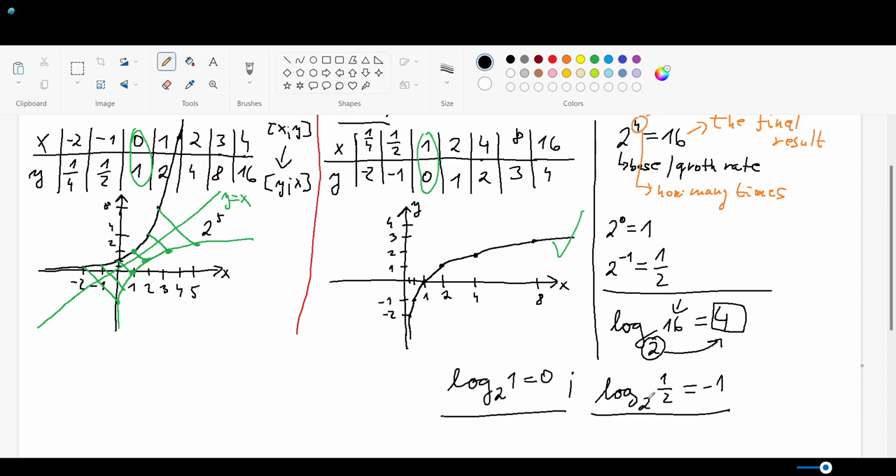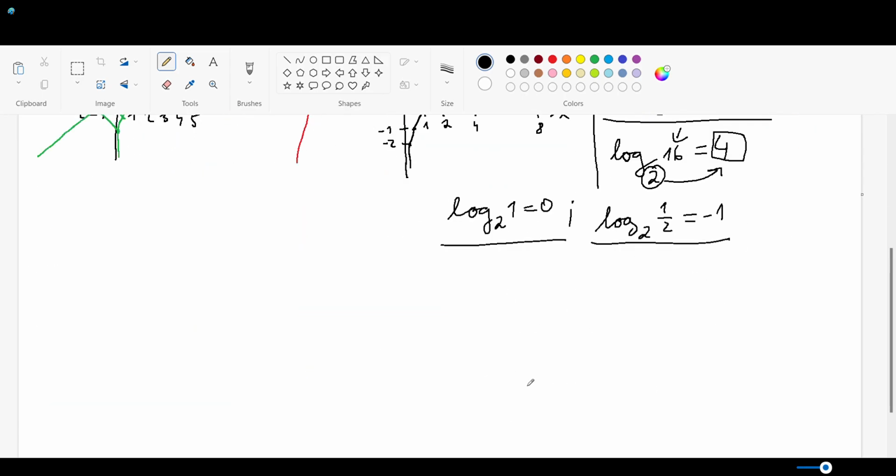I'm pretty sure these are 2 or 3 points of view for the logarithms, but the main conclusion behind all this is that there exists a logarithmic function, which is defined basically as y equals log base a of x.